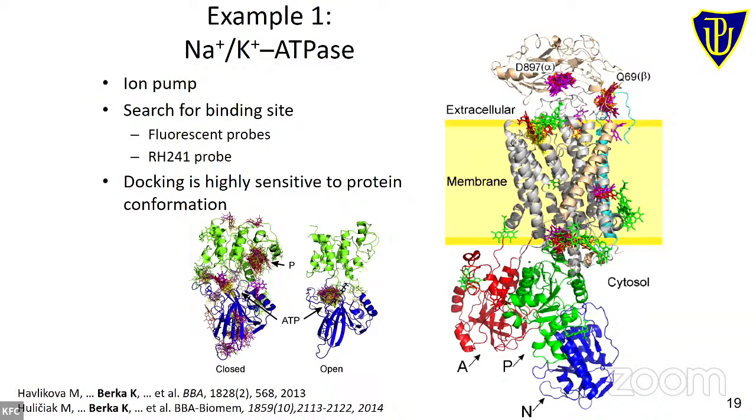But when we selected the structure which was ATP bound, we immediately got quite a nice cluster of structures around here. And we were able to identify that it actually acts there, and it explained the experiments, that the probe is actually interfering with the ATP action of the protein.